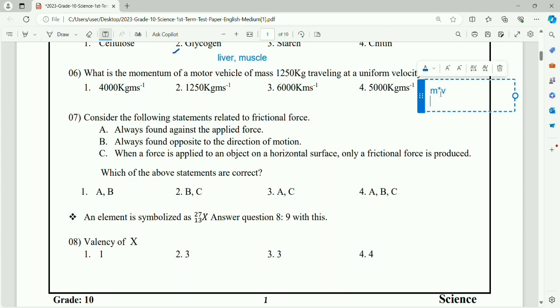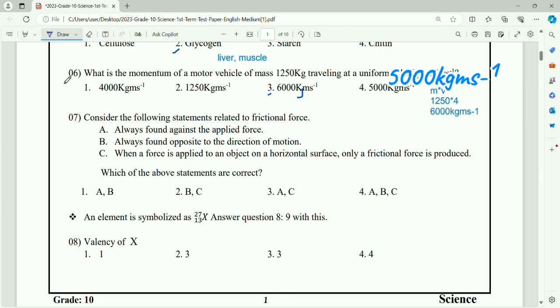Here mass is given as 1250 kg, and velocity is given as 4 ms minus 1. So we have to multiply mass into velocity in order to find the momentum. Then move to the next question.